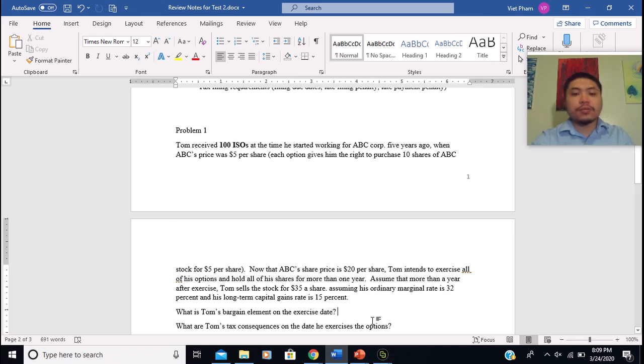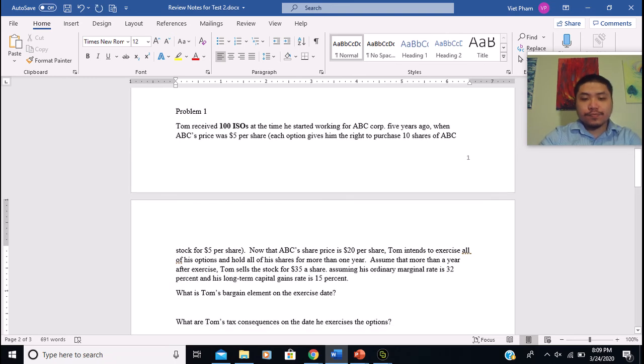The bargain element here is going to be $20 subtract $5. $20 is the fair market value of the stock on the exercise date, and $5 is the exercise price, and then times the number of shares. In this case it's going to be 1,000 shares, because Tom exercises all his options, he has 100 options, and each option grants him the right to purchase 10 shares, so that's why it's 1,000 shares.